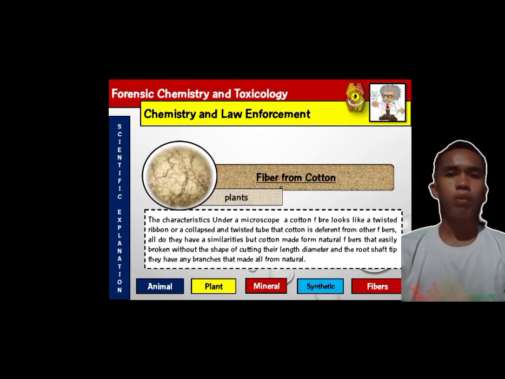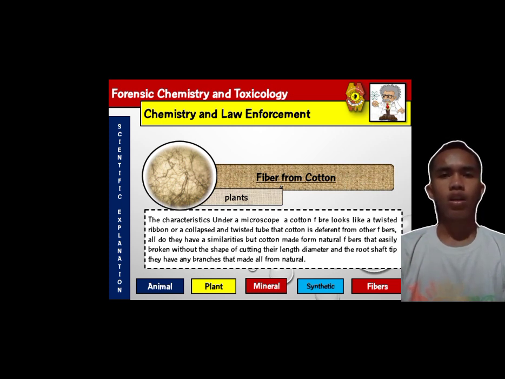Today I'm going to explain the characteristics of cotton under the microscope. As we all know, these plant natural fibers are all in common use. Cotton is a soft, fluffy, staple fiber that grows in a ball or protective case around the seeds of the cotton plants.